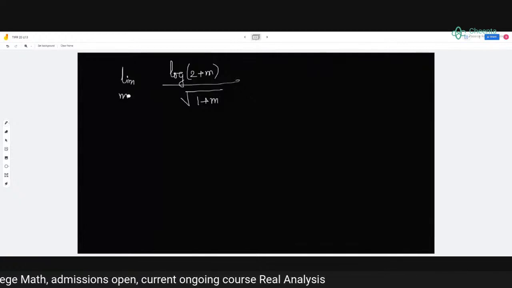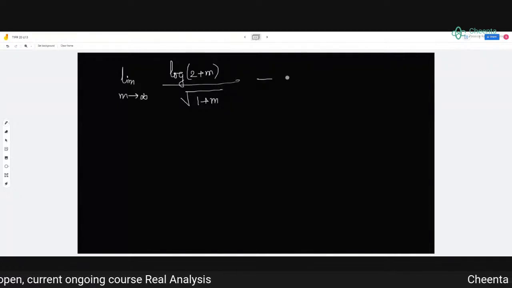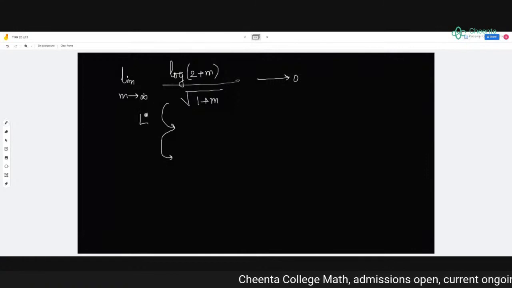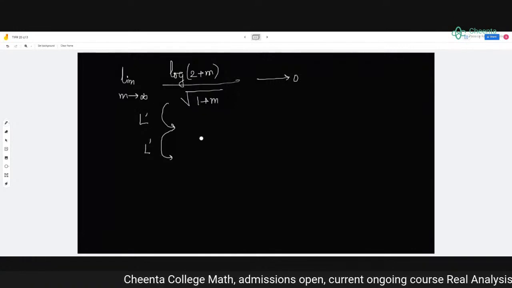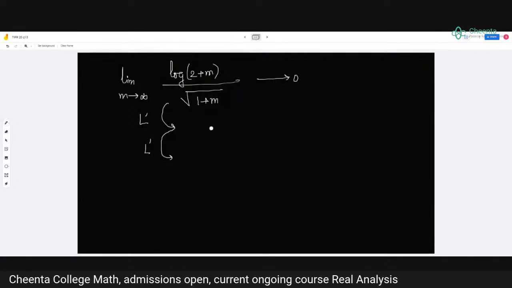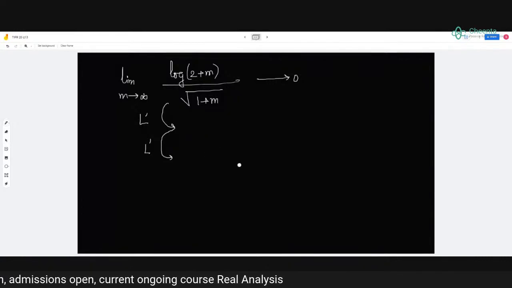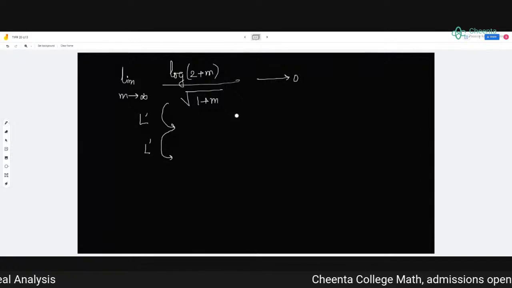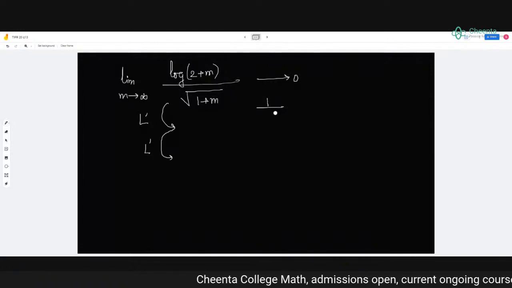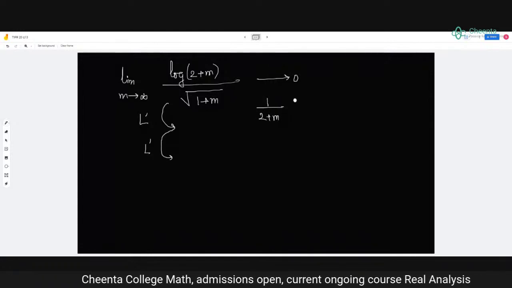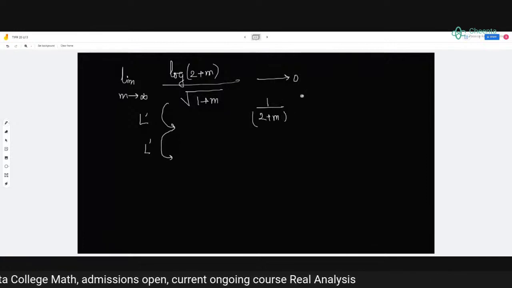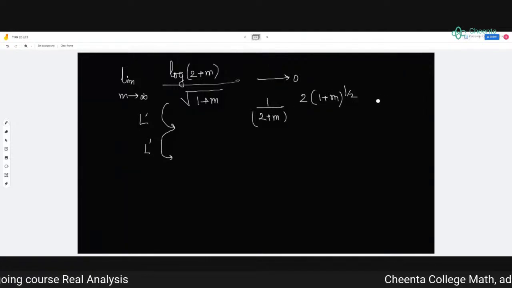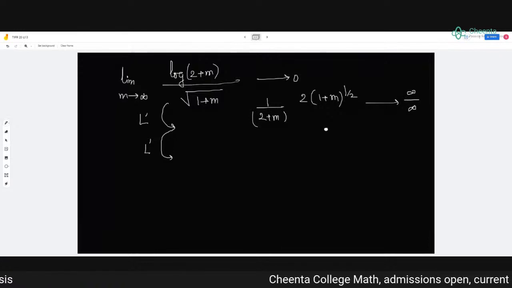So the limit as m tends to infinity, this will go to 0. Why? You can actually use L'Hospital twice. So here 1, here 1. If we use L'Hospital twice, everything that contains m will be in the denominator. Because if you use it once, at the first step you get something like this. All right, so still this is an infinity by infinity form. You will do it again.